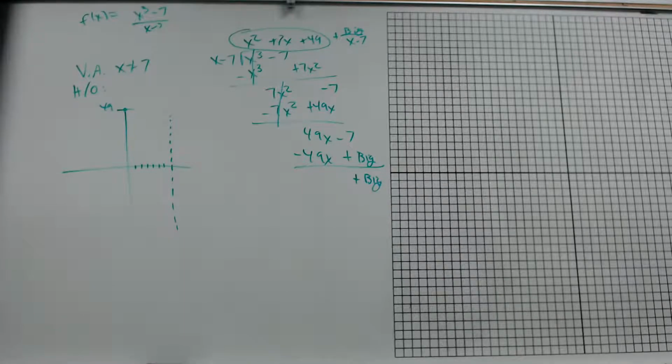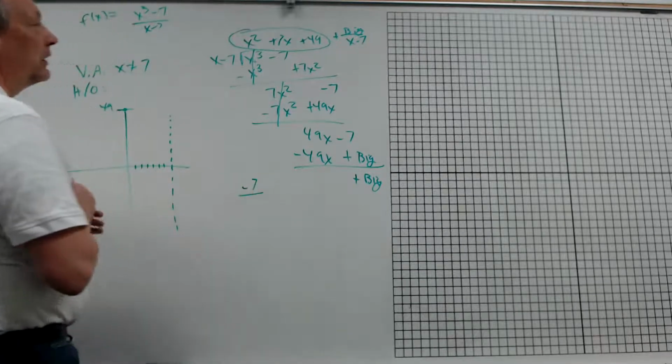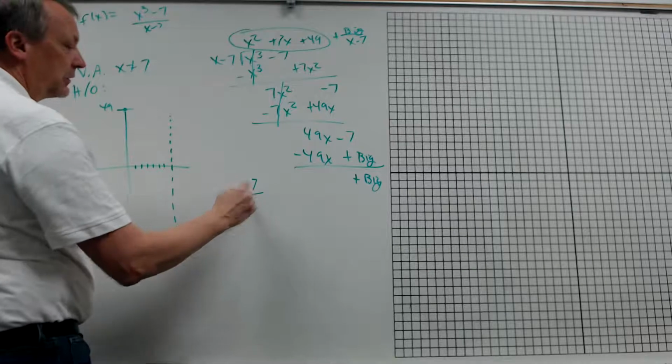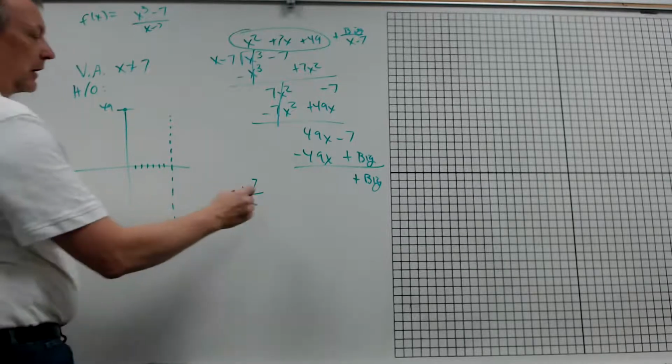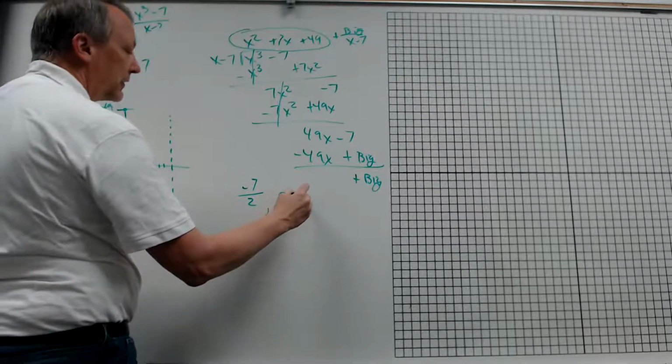It's not the vertex. How do you find it? It's negative b over 2a, which is negative 7 halves, comma f of negative 7 halves.